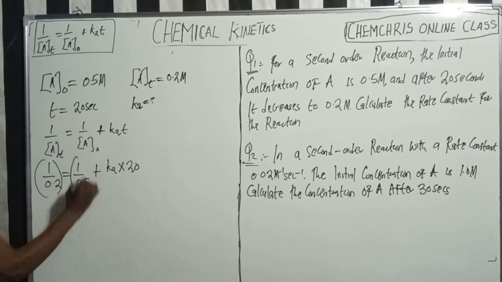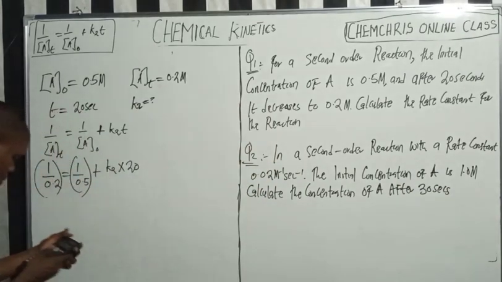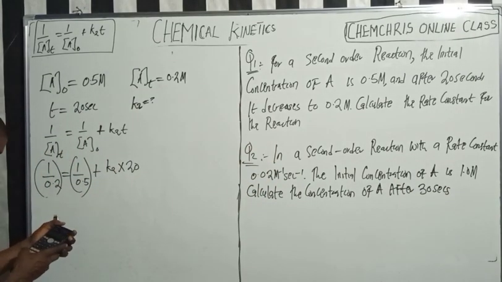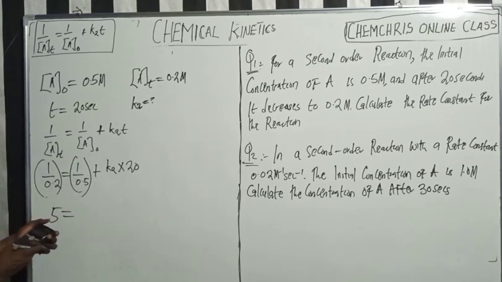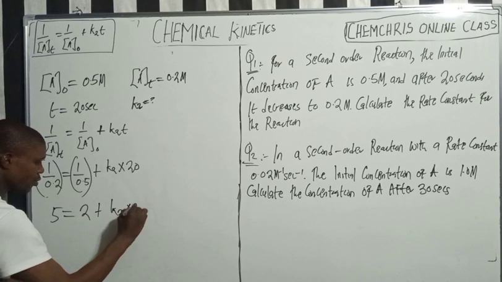So this is calculated: 1 divided by 0.2 is 5, equals 1 divided by 0.5, which is 2, plus K2 times 20.